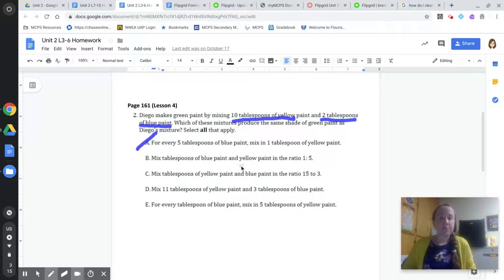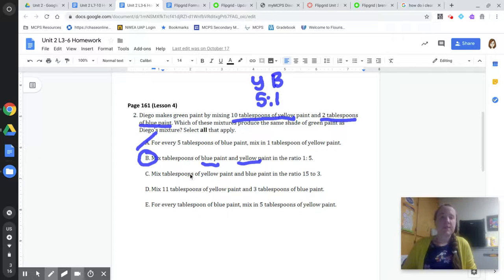Mix tablespoons of blue and yellow paint in the ratio of 1 to 5. And so here, an equivalent ratio of this 10 yellow to 2 blue would be 5 to 1, and that's yellow to blue. So we could say that the ratio of blue to yellow would be 1 to 5.